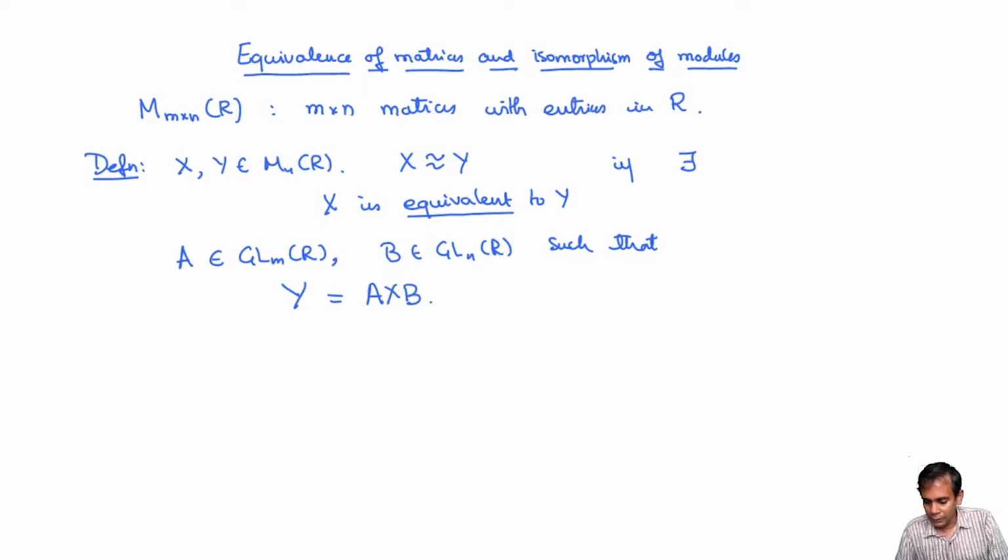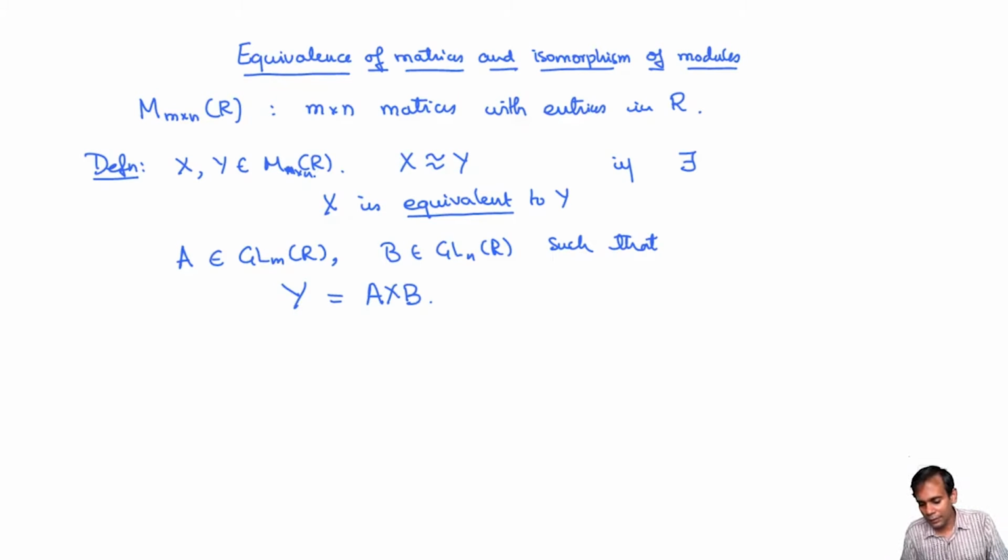It's not difficult to see that this is an equivalence relation. It follows from the fact that this is basically an action of the group GL_m(R) cross GL_n(R) on M_{m×n}(R). And these equivalence classes are called equivalent matrices.